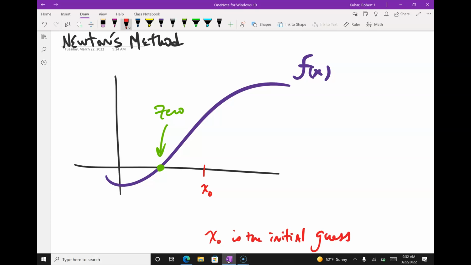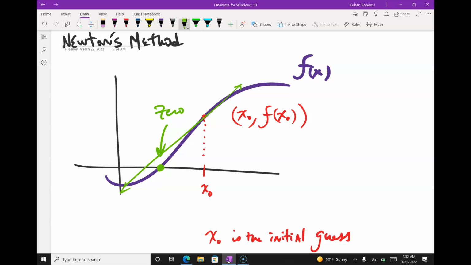And what I do is I go up to the curve, right, to the point x sub 0, f of x sub 0, and I draw the tangent line. And look at where it hits. It hits close to the 0, doesn't it?